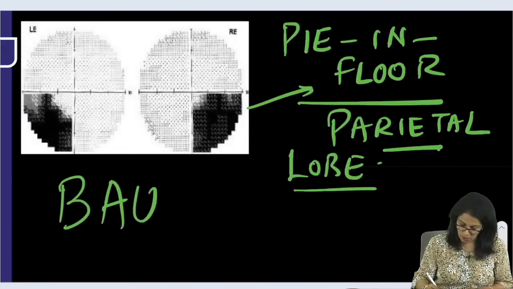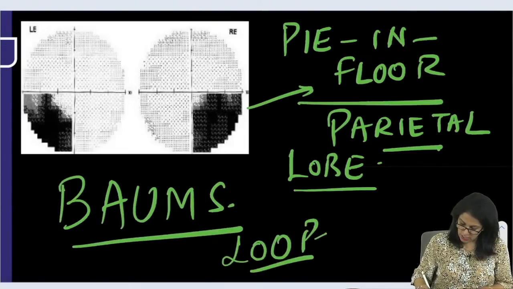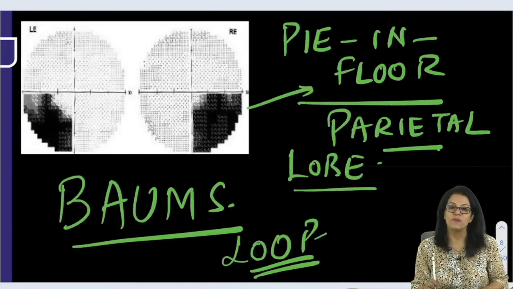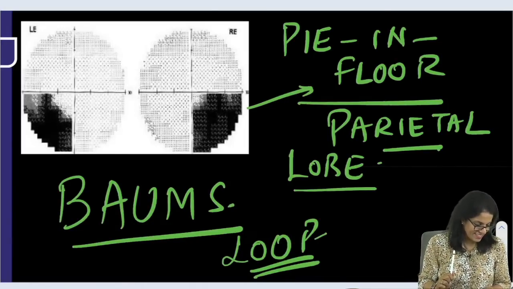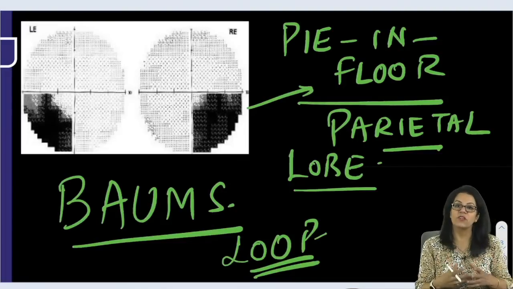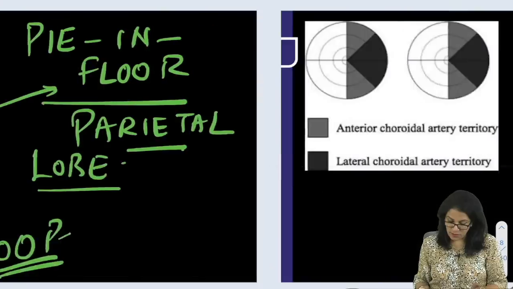The fibers are called Baum's loop, this Baum's, okay? Not the other one. Those fibers were Meyer's loop, this one is your Baum's loop. Correct. Very good. Okay, so Baum's loop. Then we come to the next image.